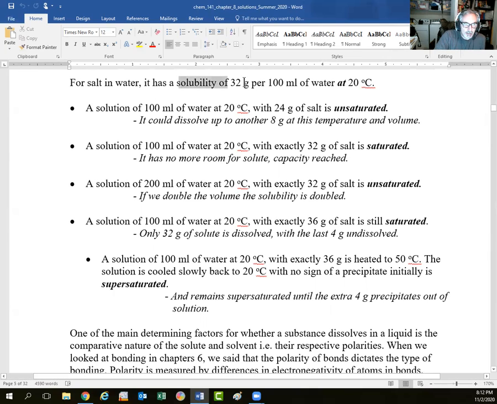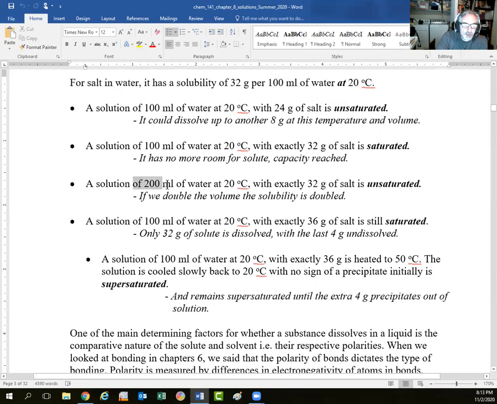A solubility limit for water is 32 grams per 100 milliliters at 20 degrees. So if we had 24 grams in 100 milliliters at 20 degrees, that's less than the maximum possible, so the solution is unsaturated. If we dissolve exactly 32 grams in 100 milliliters at 20 degrees, we have reached our limit, and so the solution is now saturated.